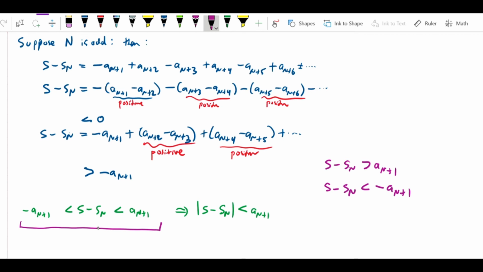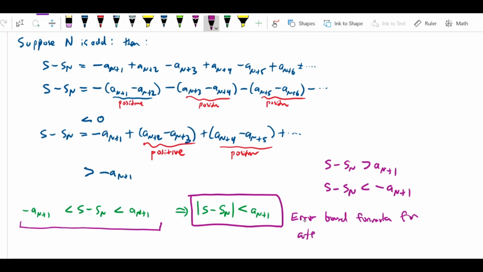If you're astute about how absolute value works, that means that the absolute value of S minus Sn is less than a n plus 1, since a n plus 1 is always positive. This is the error-bound formula for alternating series. So this is a formula that we're actually going to make a little bit of use of, and we'll see that shortly.